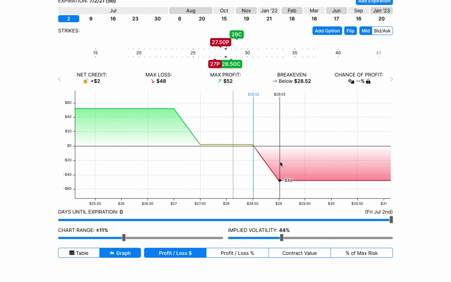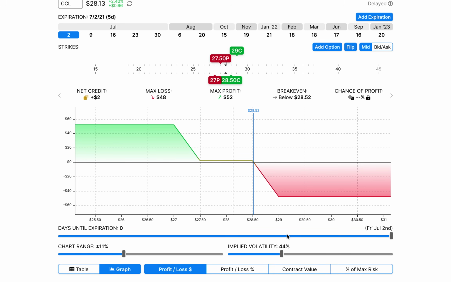Because that's where we lose our max money here, which again is $48. And then between $28.50 and $29, you're going to lose some of your money. So ultimately, again, ideally, you want the stock to go under the strike of the put that you sold, 27 in this scenario here. And again, you can look at some other things here if you'd like.